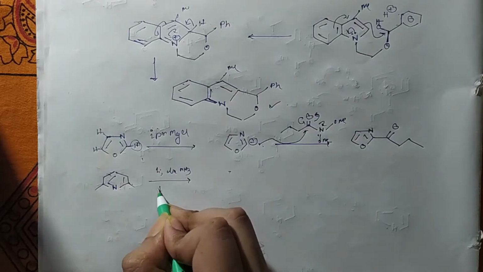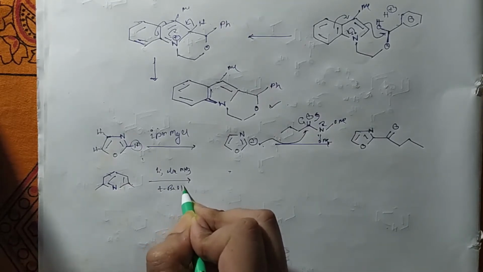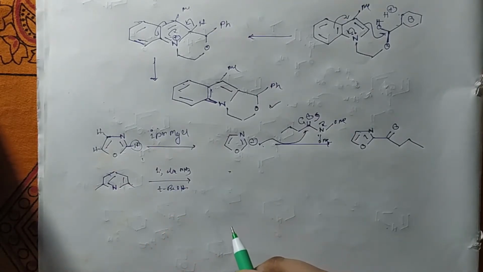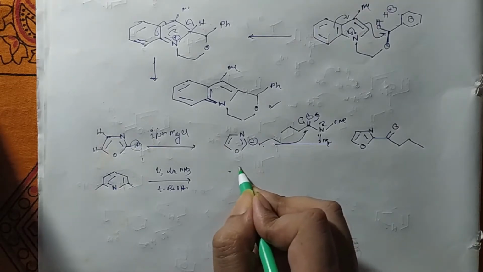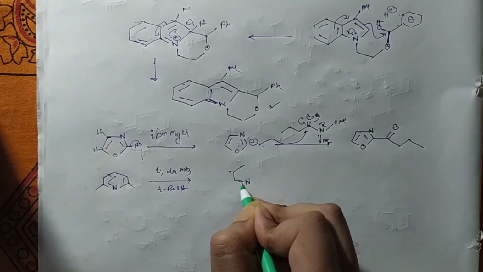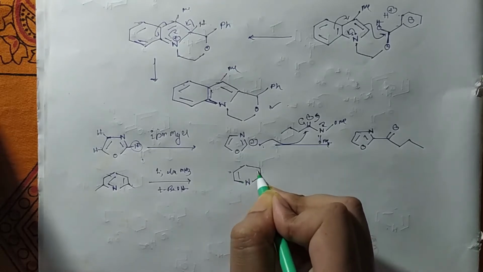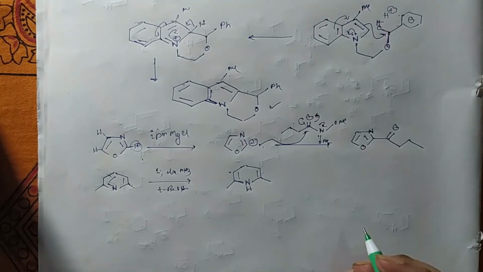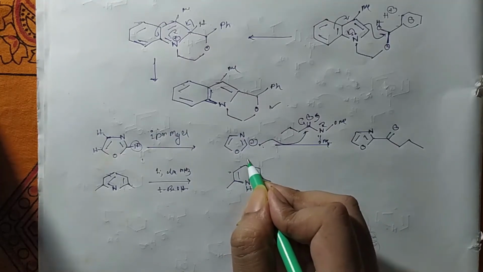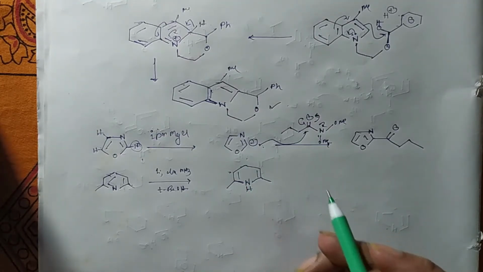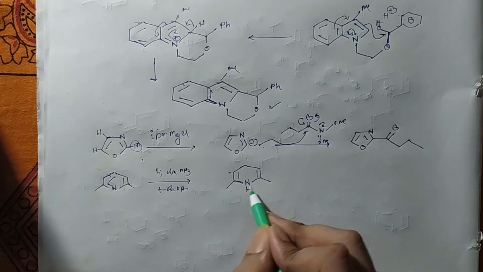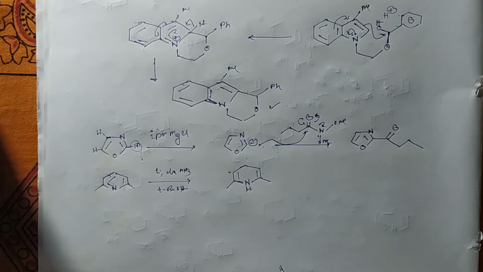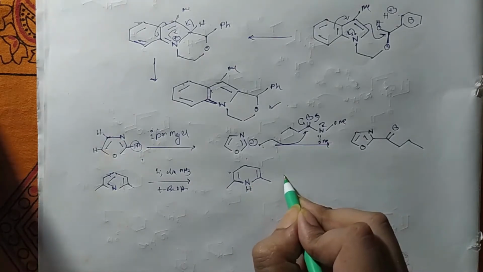After that the carbanion is generated, which will be protonated by tertiary butanol. So we will get products like this. After the reduction, because the electron will attack here, as the para attack occurs, this is our major product.